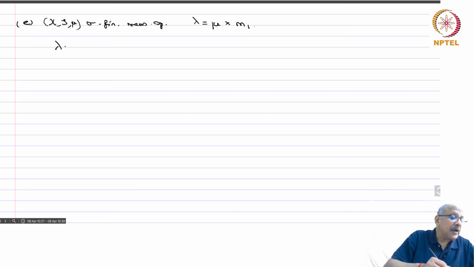Then lambda of V sub star f equals lambda of V superstar f, which is equal to the integral over X of f d mu.